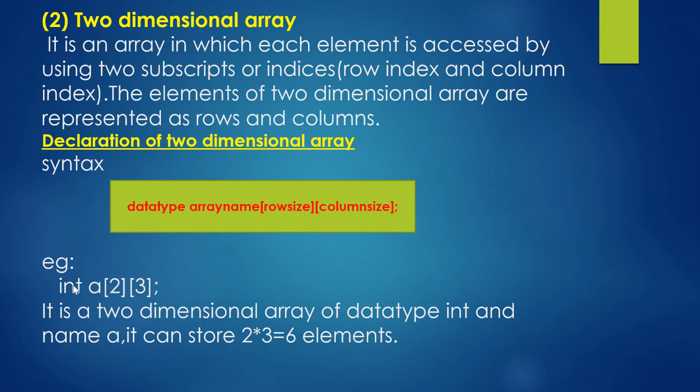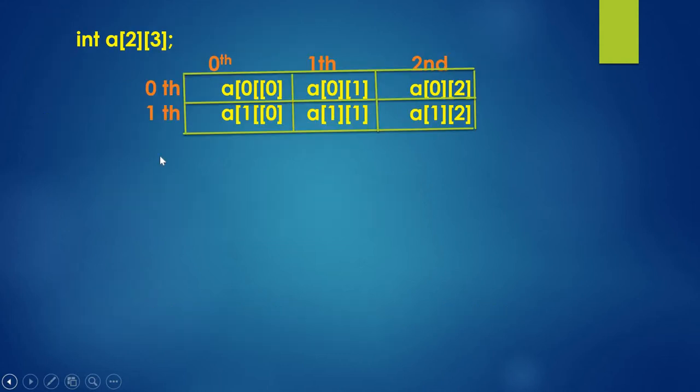The name is A, the data type is int, and it can store 6 elements. See here, in the declaration int A[2][3], the subscript starts from 0. This is the 0th row, 0th column.